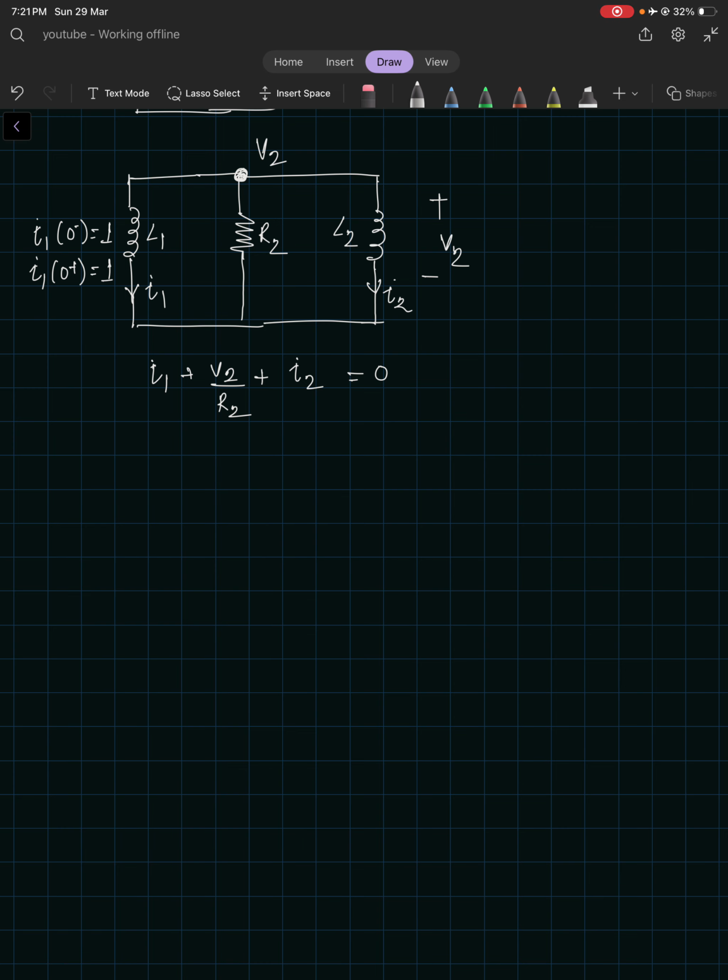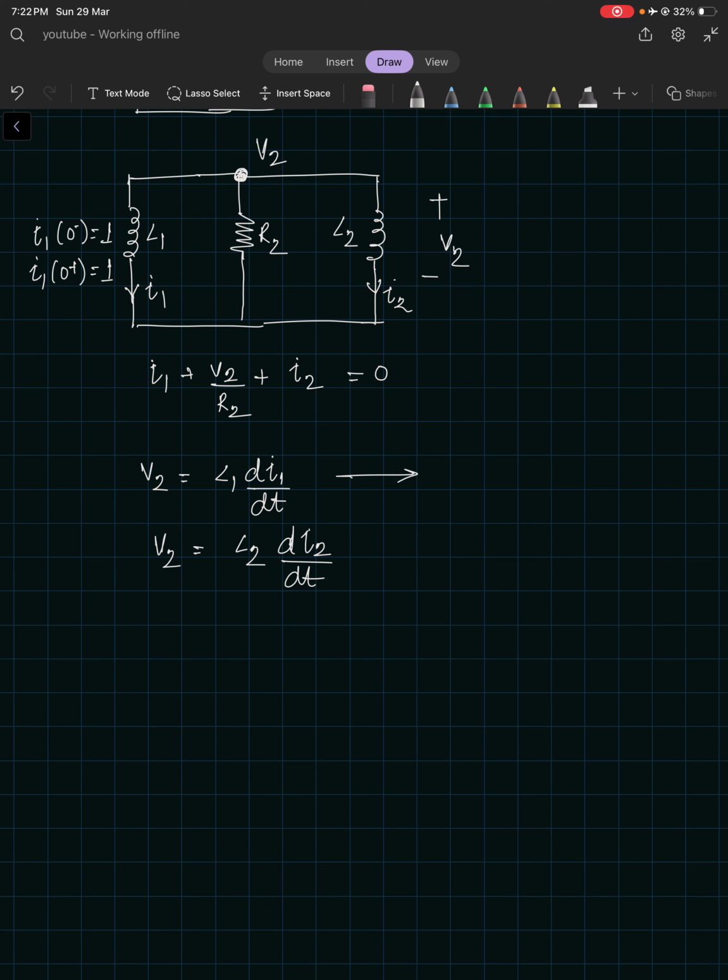So V2 would become L1 di1 by dt, and V2 will also be L2 di2 by dt, right?